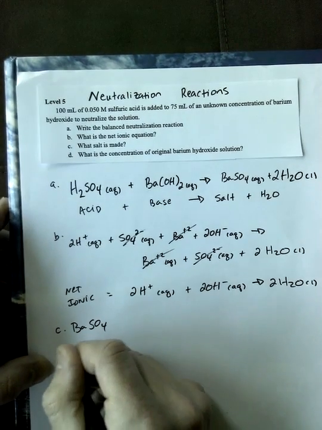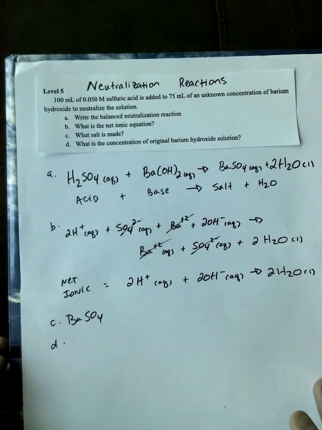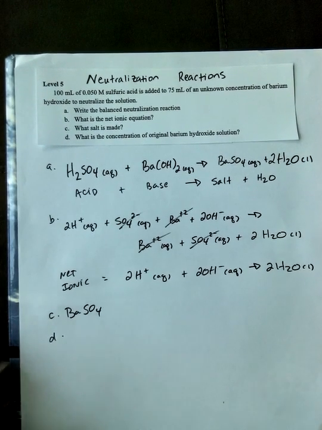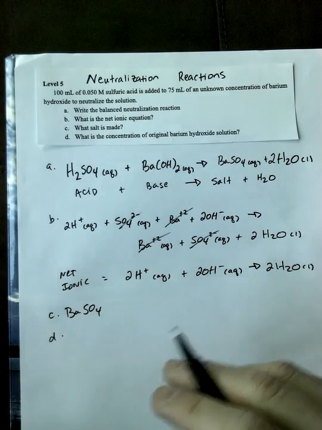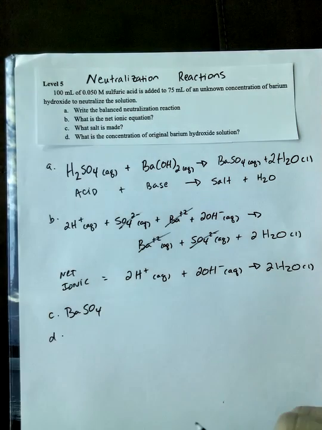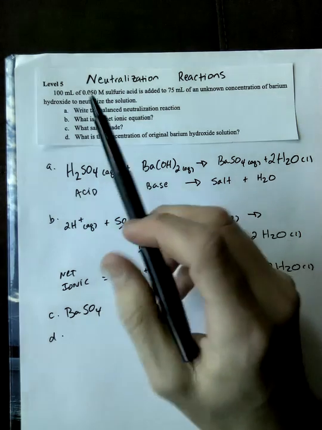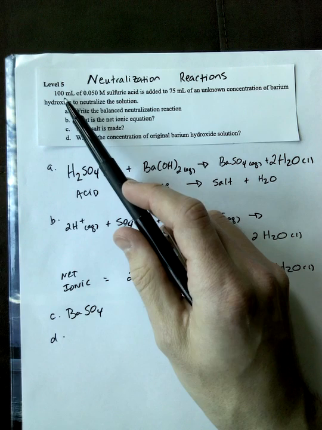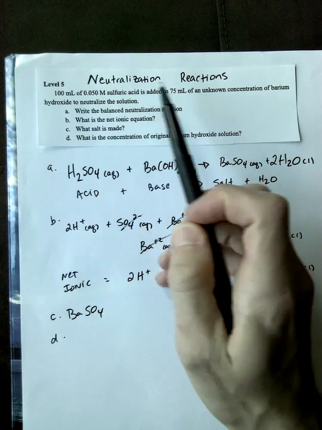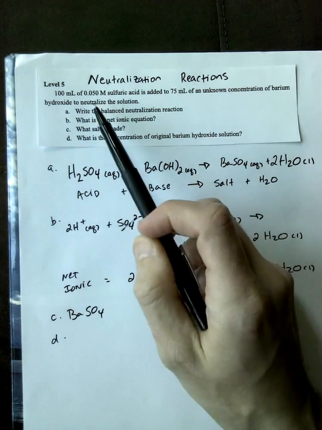And then the D part. Okay, so this is a typical problem you do when you do a titration reaction. Remember, the titration process is all about figuring out the concentration of an unknown or verifying the concentration of a solution. So here my known information is about the acid. I have the volume, the milliliters, and I have the concentration. I have the volume of my base, but I don't know its concentration. So that's what I'm going to solve for.